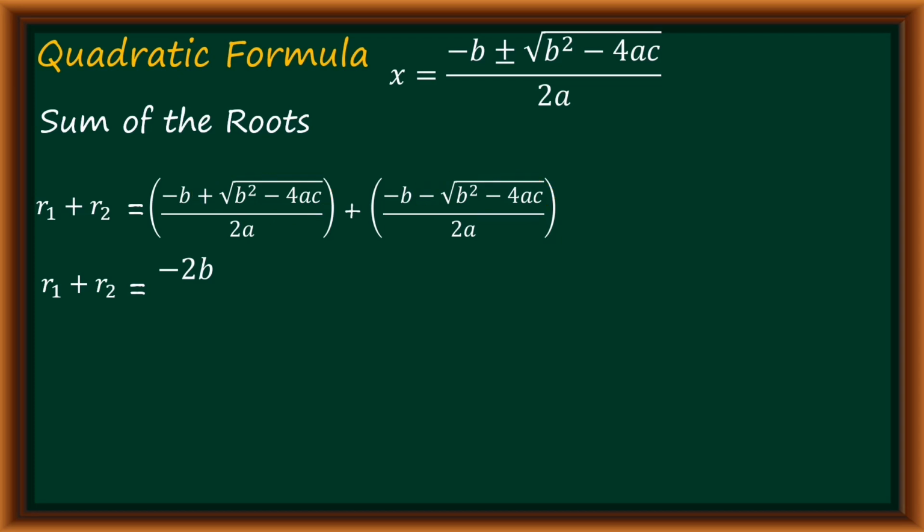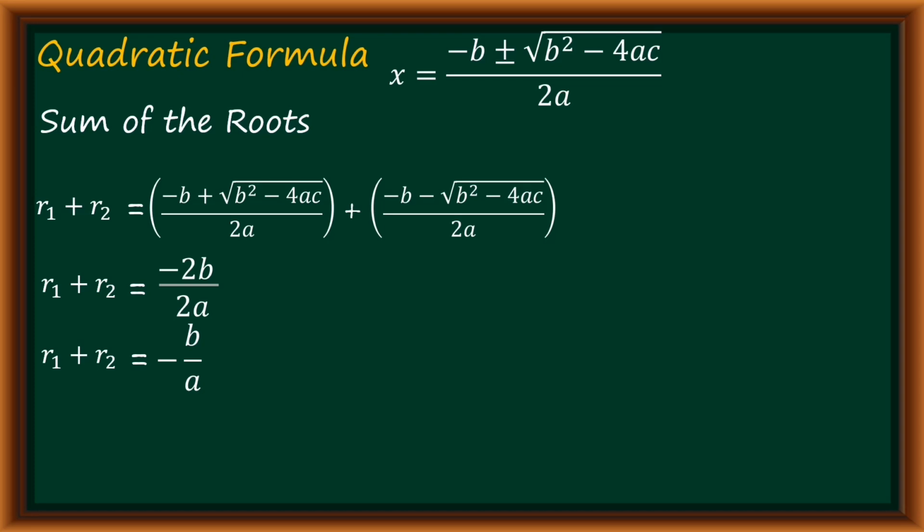Now let us copy the denominator, which is 2a. Let us simplify. r sub 1 plus r sub 2 is equal to negative 2b divided by 2a, which is equal to negative b over a. What do you think is the significance of this formula?